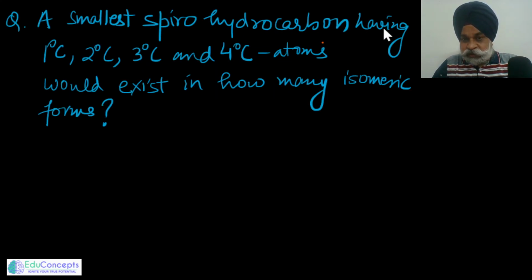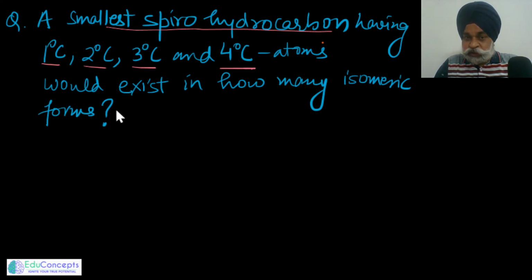Based on this particular question, you may be asked a question like this also. Identify the smallest Spiro hydrocarbon having all the primary, secondary, tertiary and quaternary carbon atoms; it would exist in how many isomeric forms? So you need to first make a Spiro compound which would contain all of these, but it is to be smallest.